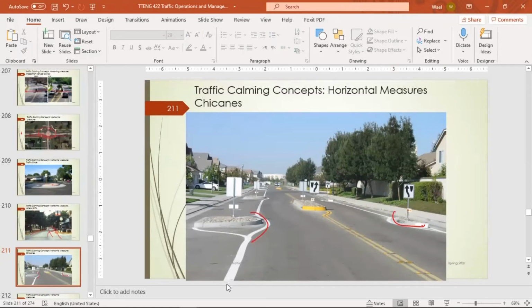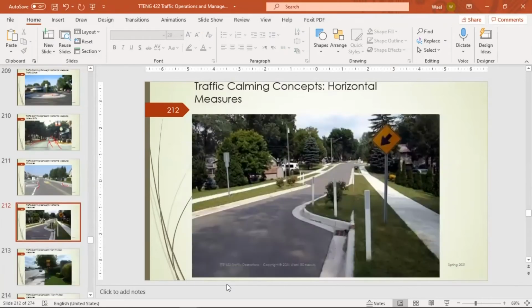I don't know how effective these are, but these are used in California most probably. That's another form of the chicanes. So it's forcing drivers to not go straight, but sometimes it might be confusing and might generate accidents, so you have to be careful making a recommendation for something like that.